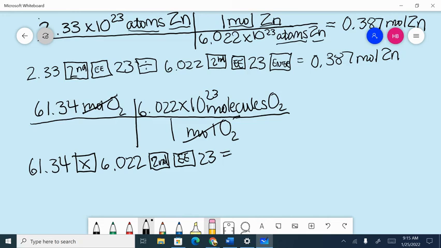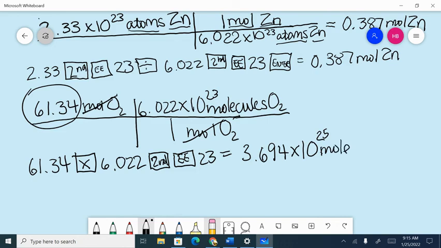You should get an answer of, and I'm going to round it to 4 sig figs here, 3.694 times 10 to the 25th molecules of O2.